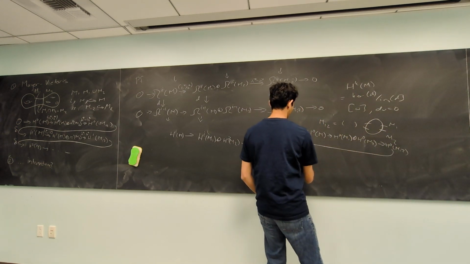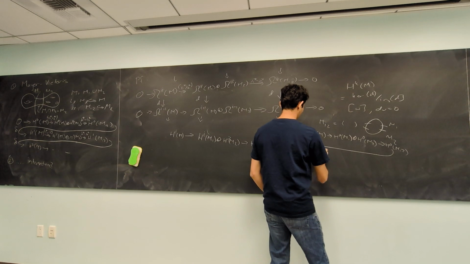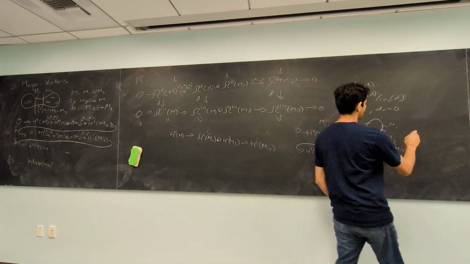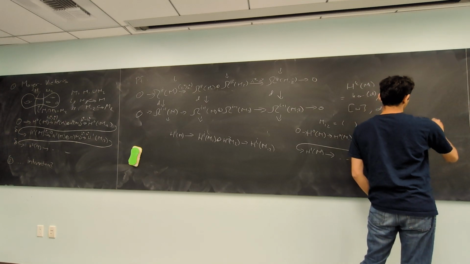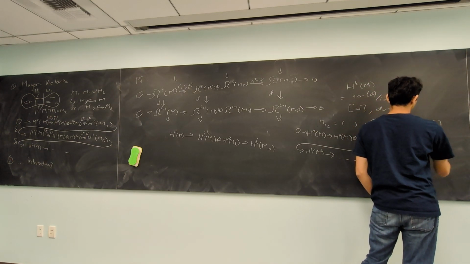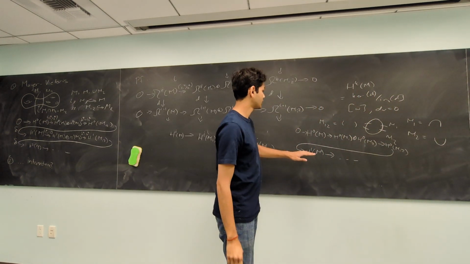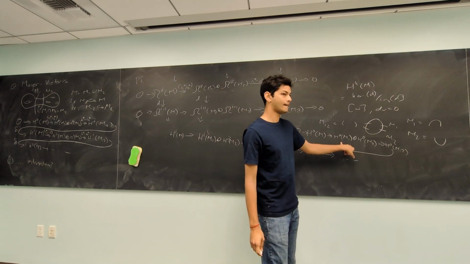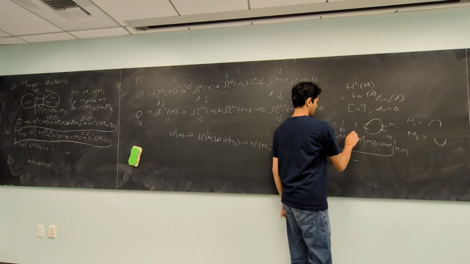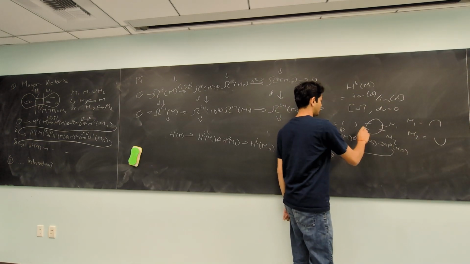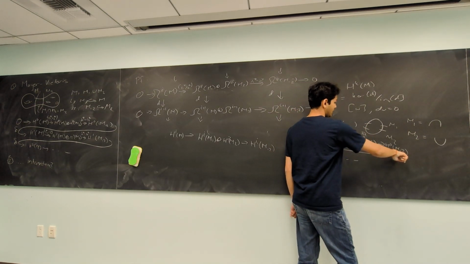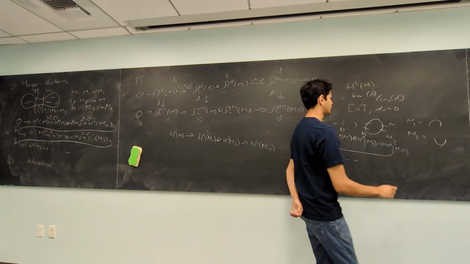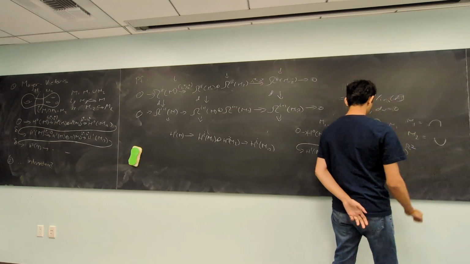And this will go to H1 of M. Okay, so M1 is equal to this, and M2 is equal to this. So what is H0 of M1? R. What's H0 of M2? R. And what's H0 of M12? R squared, because there are two connected components.